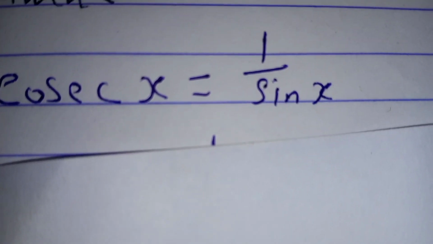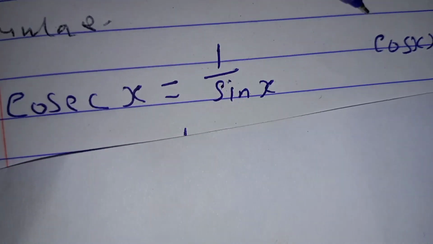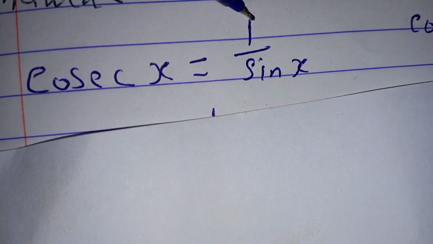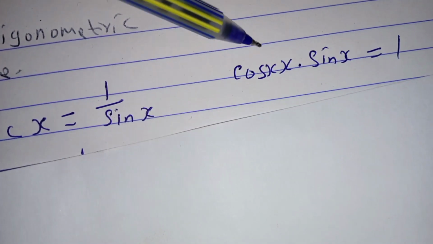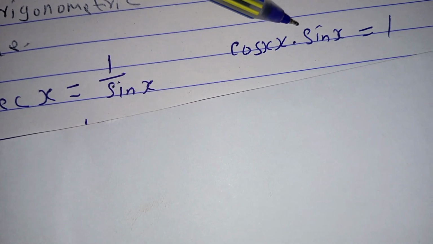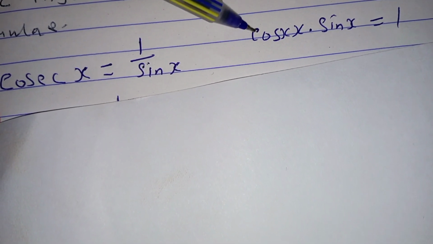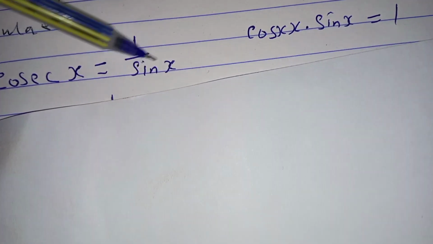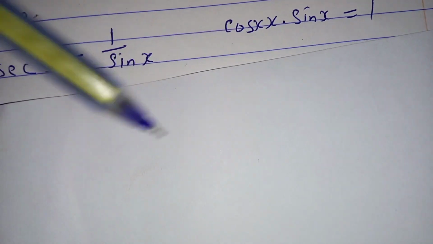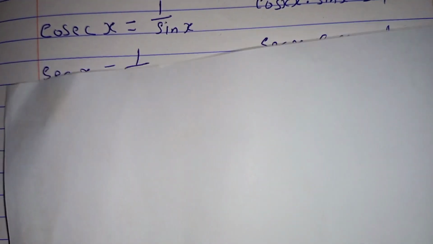Cosec x is given by 1 divided by sin x. It follows that cosec x times sin x is equal to 1, because 1 is the inverse of the other. So cosec x is like 1 over sin x, and when you multiply, you are going to get 1. So that is the key.